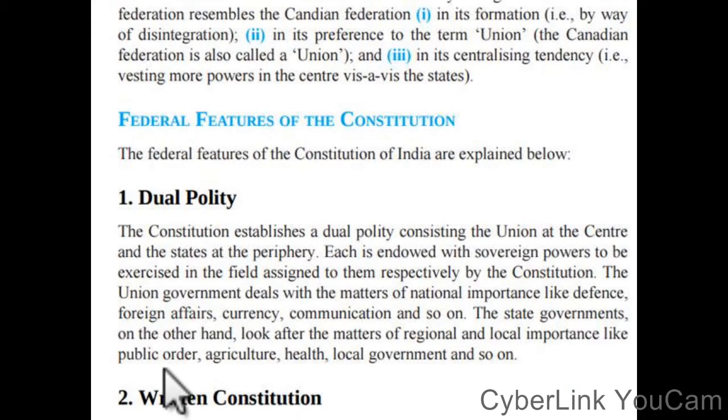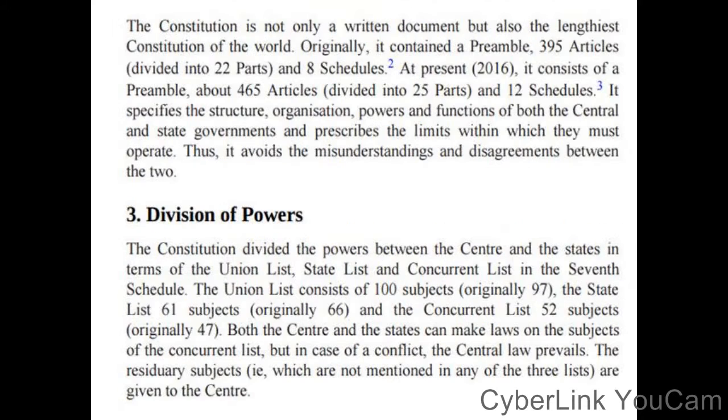A written constitution. The constitution is not only a written document but also the lengthiest constitution of the world. Originally, it contained a preamble, 395 articles divided into 22 parts. At present, in 2016, it consists of a preamble, about 465 articles divided into 25 parts, and 12 schedules.